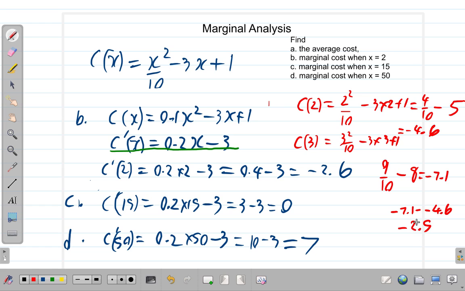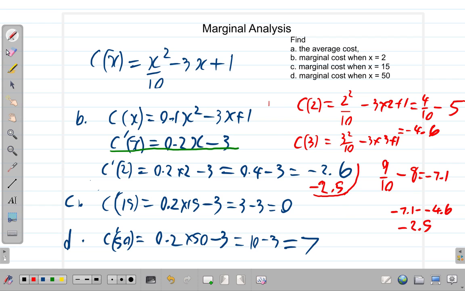Alright. So here we had a C prime. The C prime gave us negative 2.6. But using the total cost function and subtracting two values gives us negative 2.5. Alright? So that's what we have.